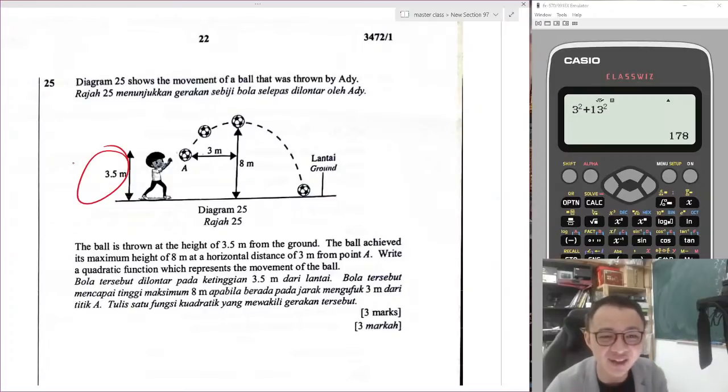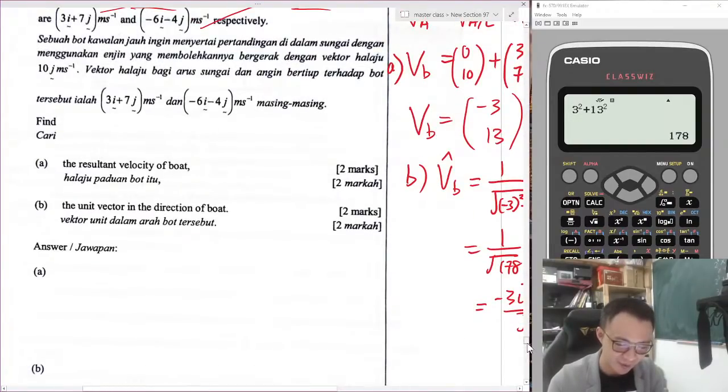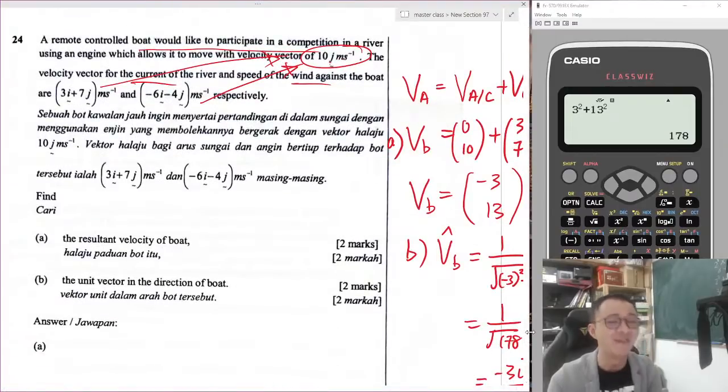Should we minus the vector, right? Because it's against the boat. Should we minus? Excuse me, sir, is there any case we need to minus the vector instead of plus? Okay. I'm not sure about physics because I know some of you learn physics, where the current is opposite so you need to minus.